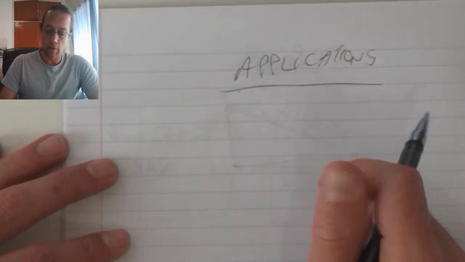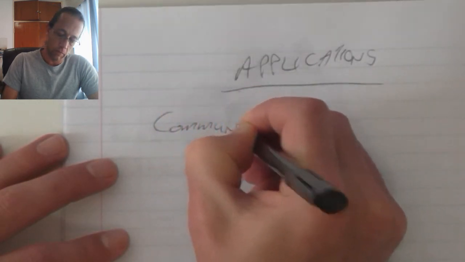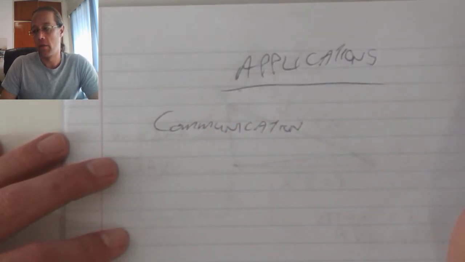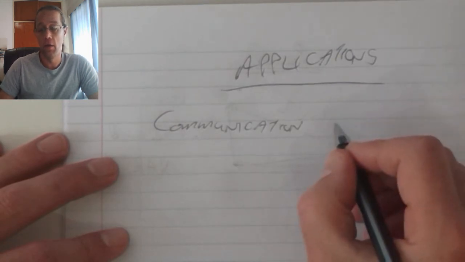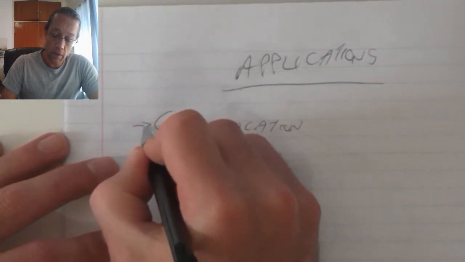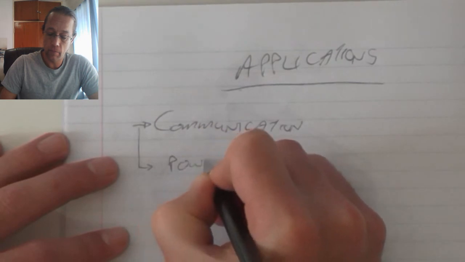Applications are specific in the fields of communication, where we use the inductor, the capacitor and the resistor to generate a frequency at which communication takes place via radio waves. Second application is for power factor correction.